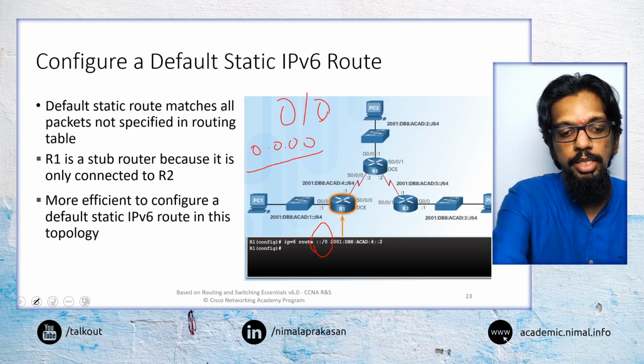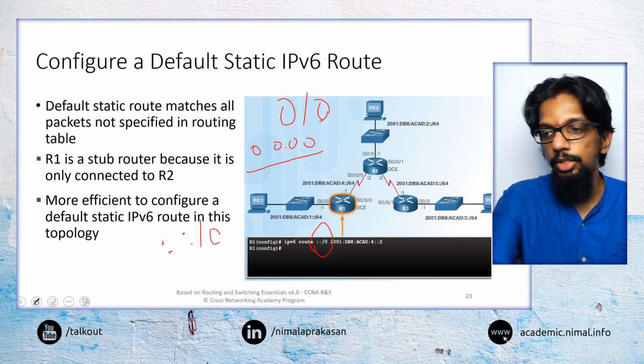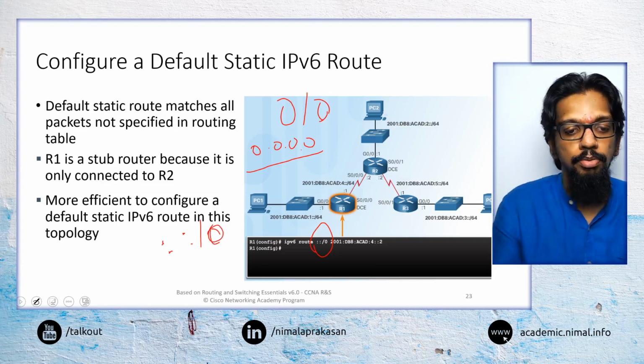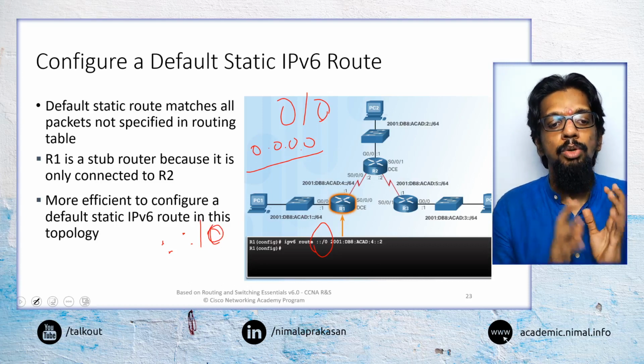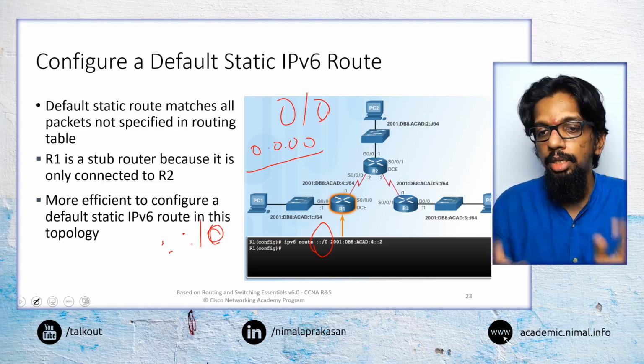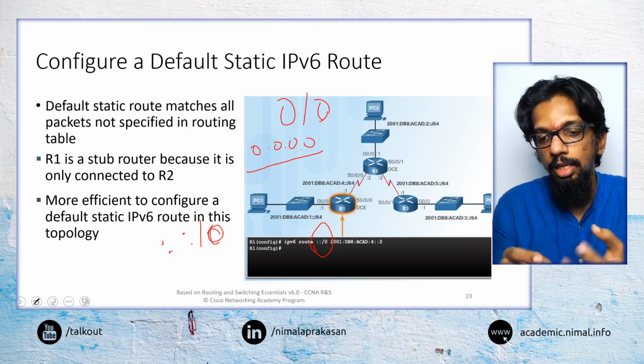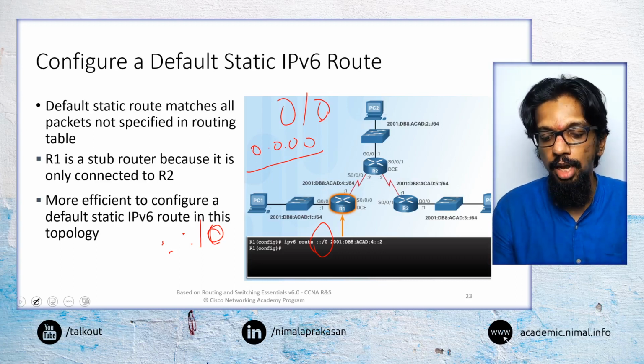Here in IPv6, we would use ::/0 as the way to specify the default route. Other than that, conceptually it is similar, and even configuration wise it is largely similar.